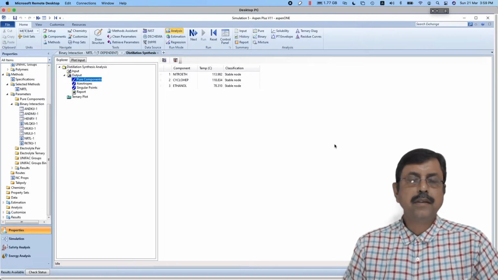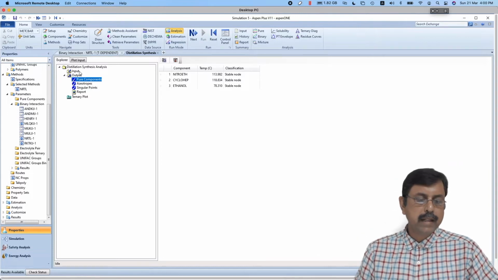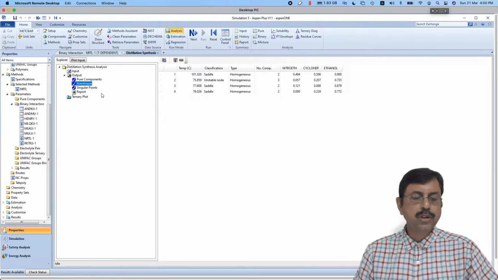So the stable node is the boiling point of these liquids at 1 atmosphere. Mind that we have calculated it at 1 atmosphere. If you change this value, then the output will also change. If you change it to 2 atmosphere or 3 atmosphere or some other pressure, then the stable node values will change, the boiling point will change, that information will change. Azeotropes. There are 4 azeotropes you get.